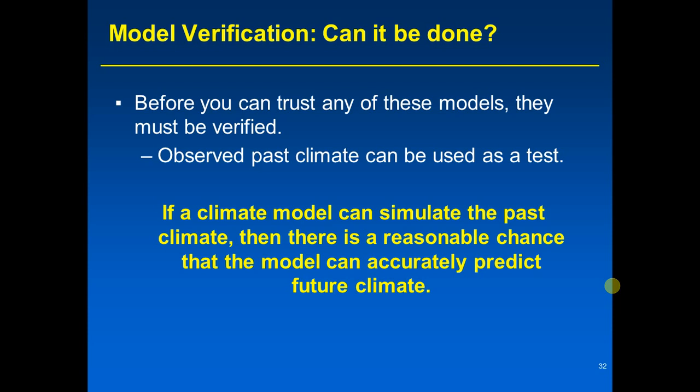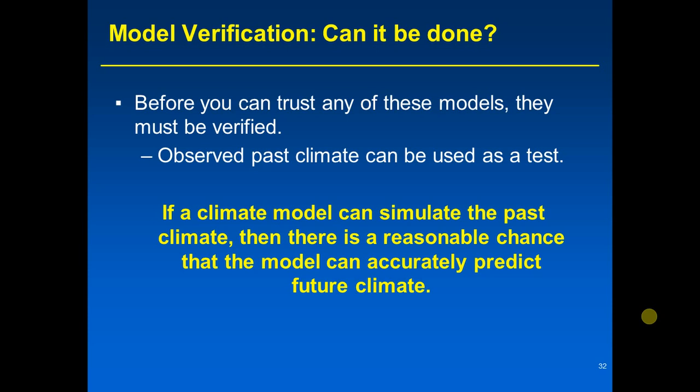And observed past climate can be used as a test. If a climate model can simulate the past climate, what's actually happened in the past, then there's a reasonable chance that the model can accurately predict future climate.